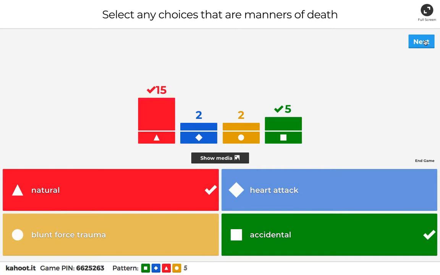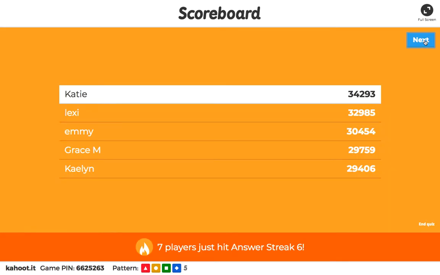Okay, 5 manners of death: natural, accidental, suicide, homicide, undetermined. Now, causes of death would be heart attack, blunt force trauma. So there's a little difference in that.